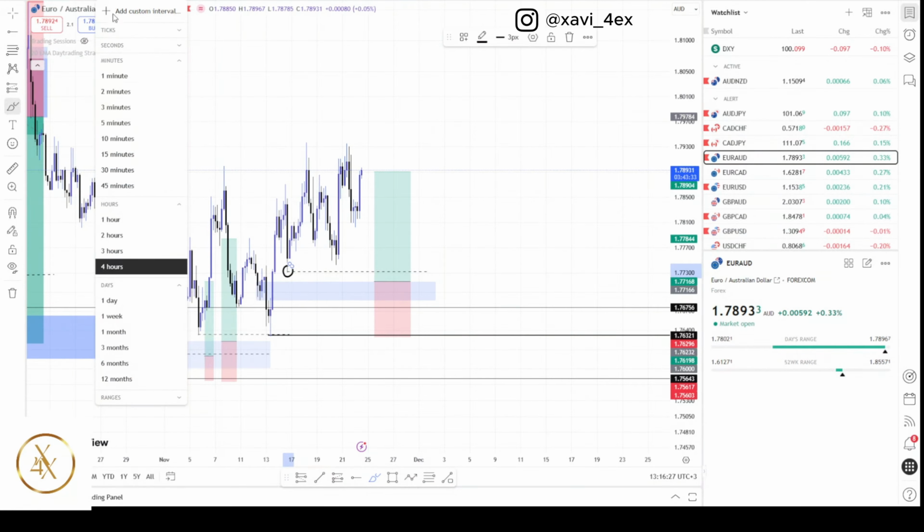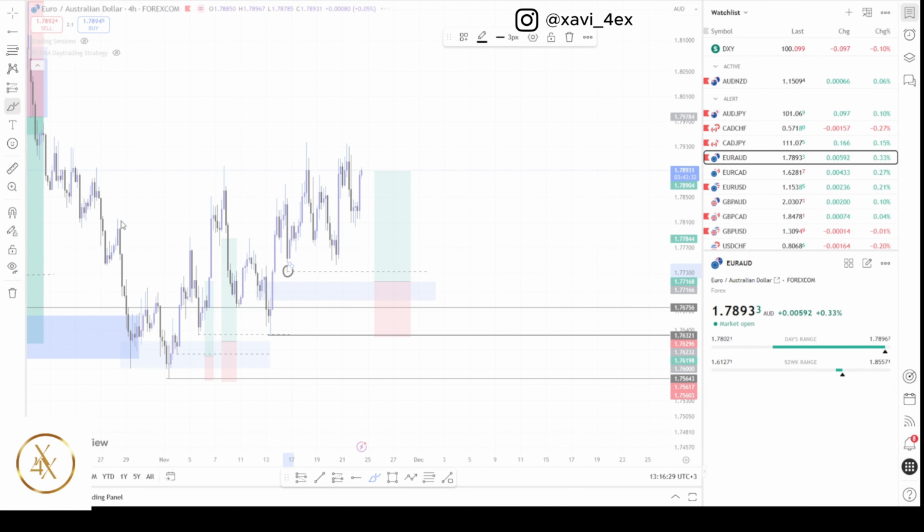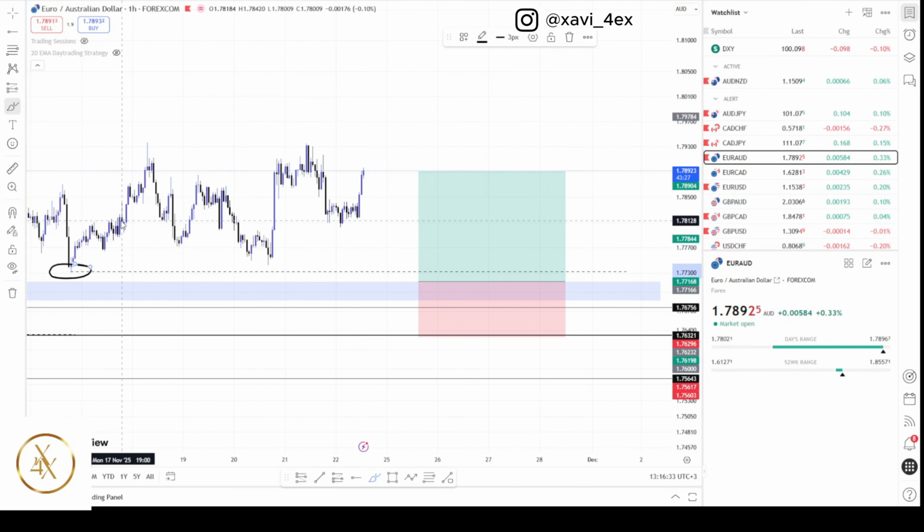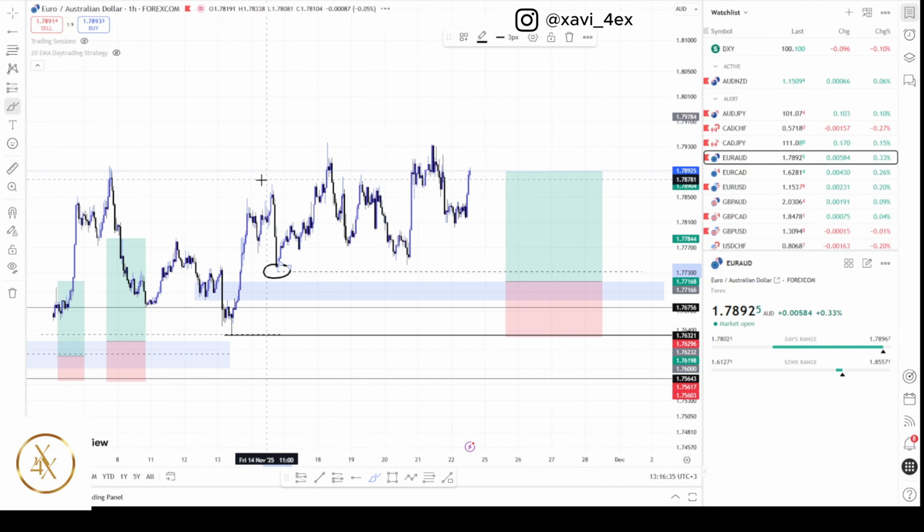But let me break it down to like a 1 hour maybe, and we see if we can see it perfectly clearly. You can see that this liquidity right here has that sort of shape that we want for it to be taken out.